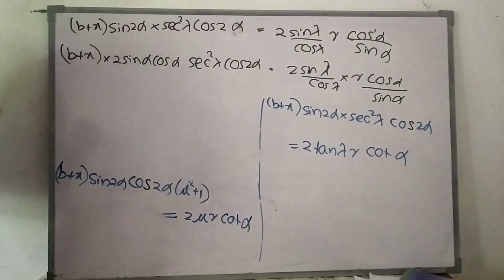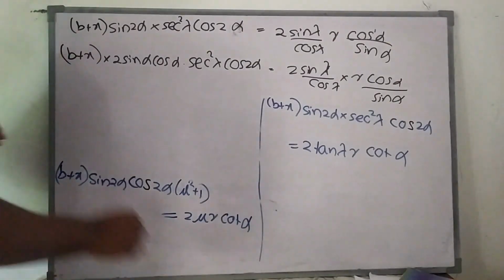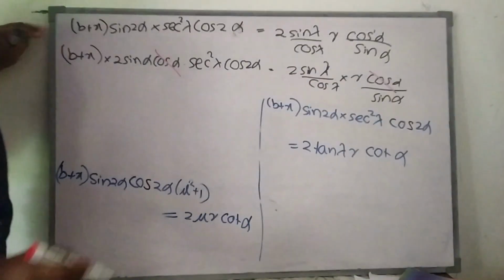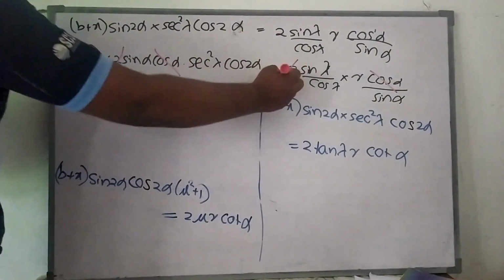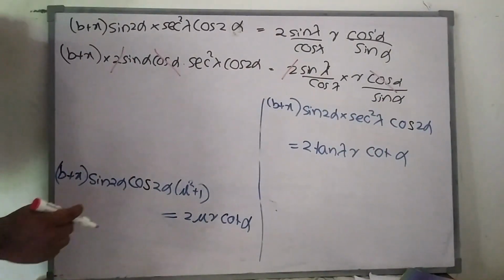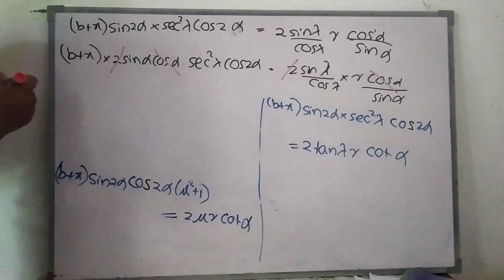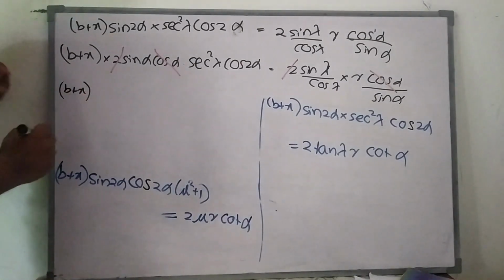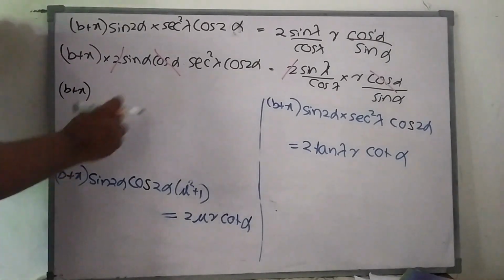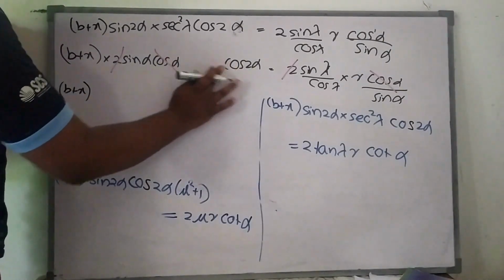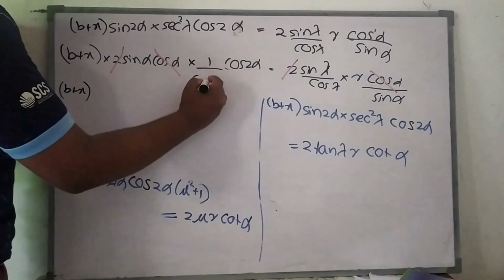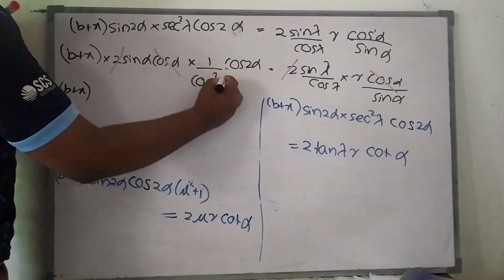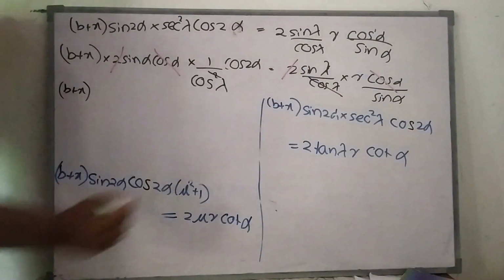So now we can cancel the common terms of both directions. 2, so that's all, right? B plus x. So here sec squared lambda can be written as 1 over cos squared lambda. One cos is cancelled.